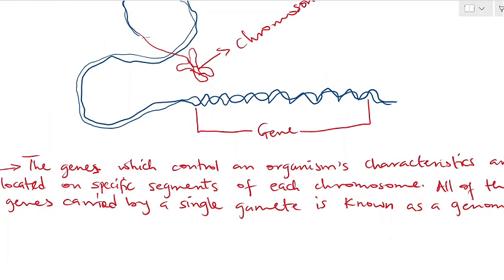Alright, and this single gamete represents a single representative of each of all of the chromosome pairs.